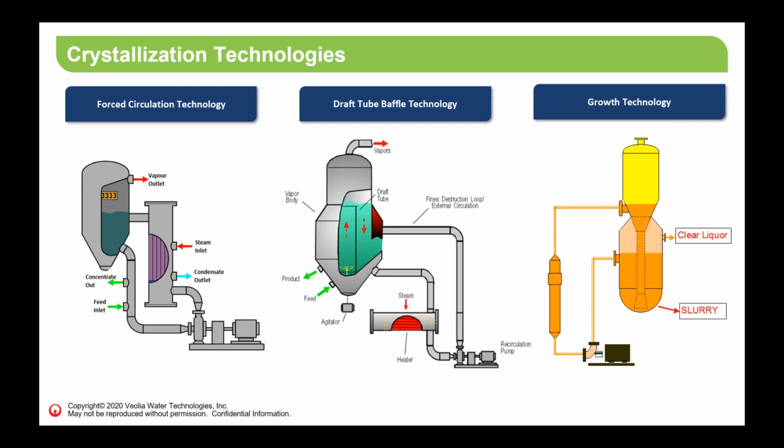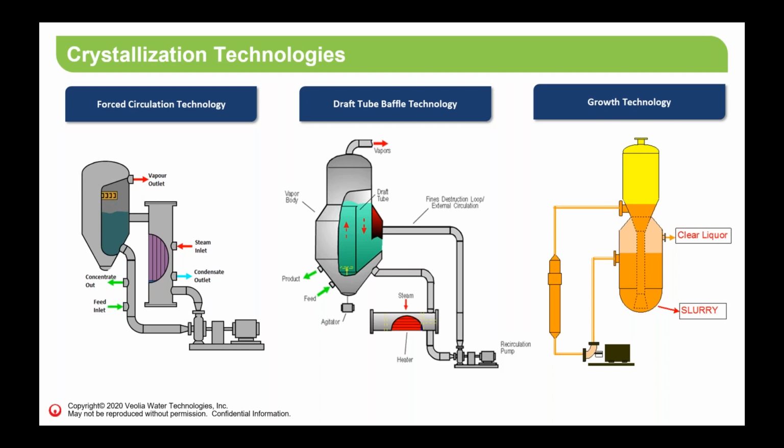Now the second type is the draft tube baffle technology. In this technology, the agitation is not done through an external recirculation. It is done using a draft tube inside the vapor body, and as you can see, we have a bottom-mounted agitator there. The supersaturation is driven by the recirculation achieved by the agitator.